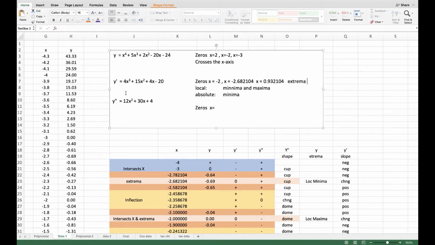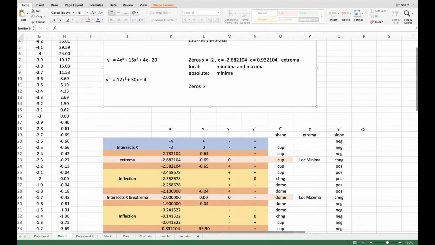And then we have y double prime, and remember, that was the one we just worked out. We can take a look at this.